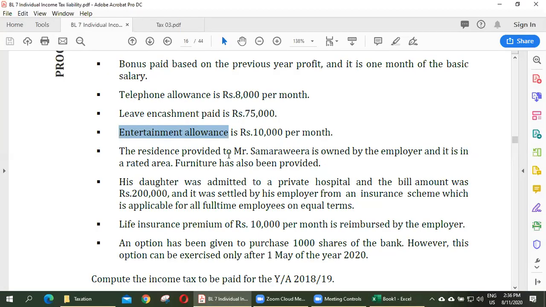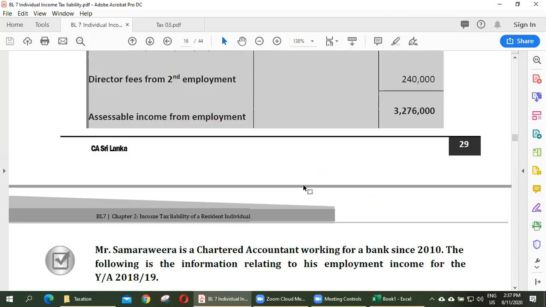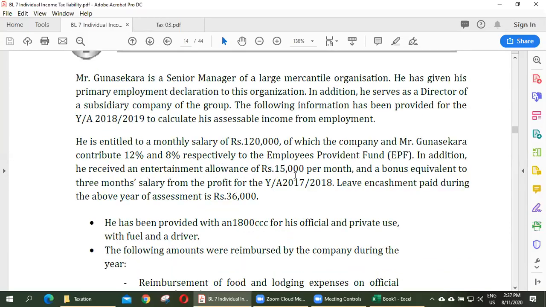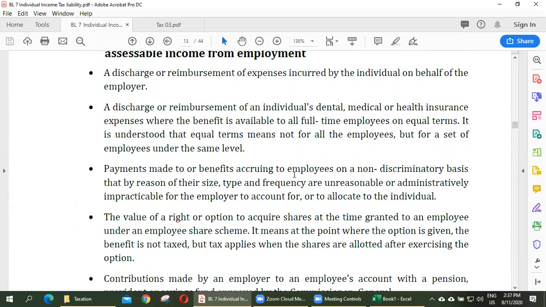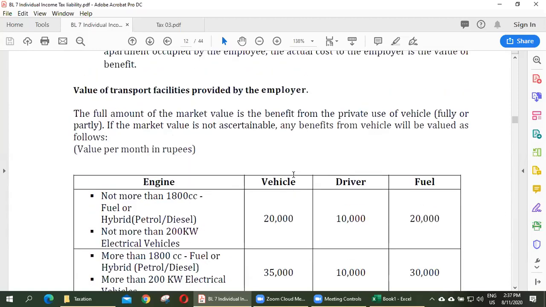And the residence provided to Mr. Samaravira is owned by the employer, right? This time, we don't know the market value of the benefit of the house. And it is in a rated area, and furniture has been provided. So we have to check whether the salary is below 200,000 or above 200,000.